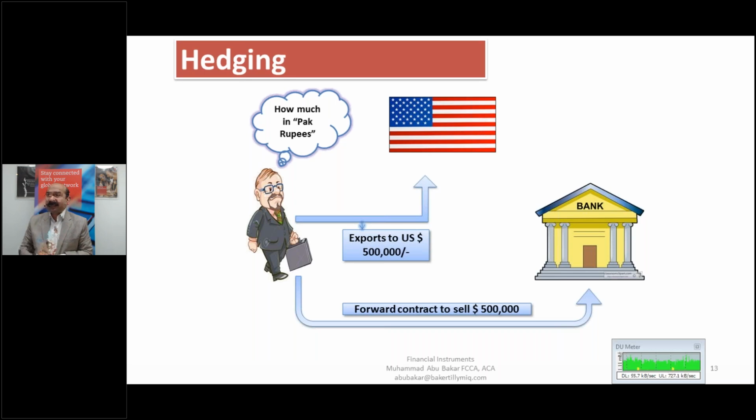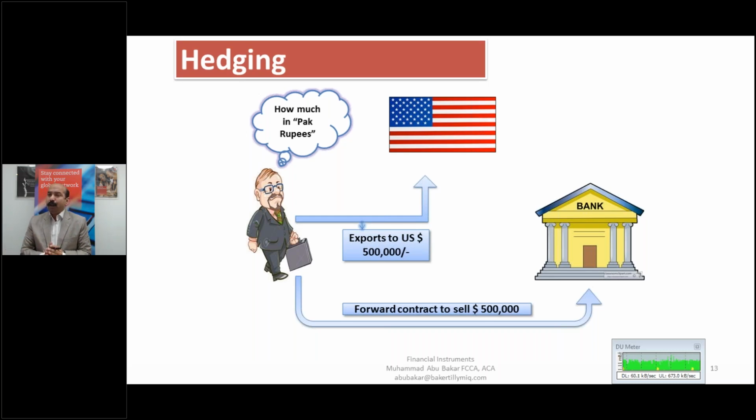Though we started with the Iranian Rial, I forgot to change it. I was converting these slides for use here in Pakistan, but I forgot the earlier slide while changing from Iranian Rial to Pak rupees. Anyway, the concept is that you will sell your dollars by using forward contracts at a fixed price.